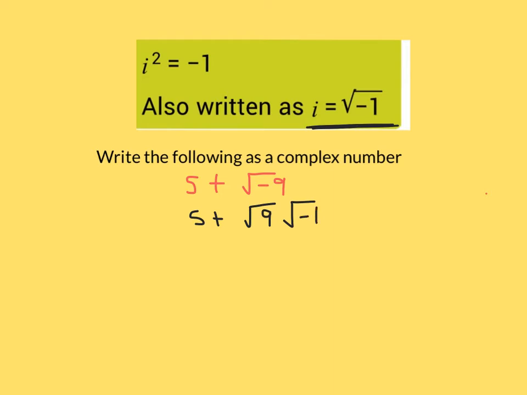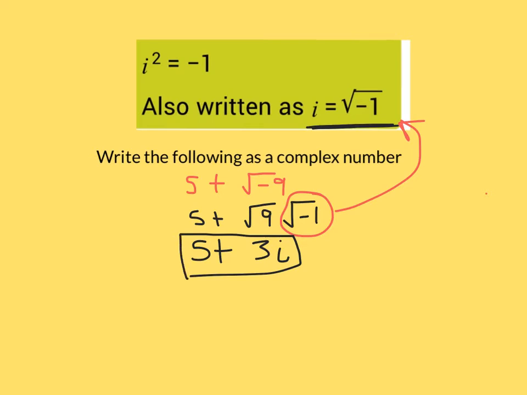The square root of 9 I know is going to be 3. And I have something to represent the square root of minus 1, which is i, equal to root minus 1. So I can replace that with i. Now my complex number is 5 plus 3i. This doesn't come up that often. Mainly what you'll be working with is i squared is equal to minus 1.